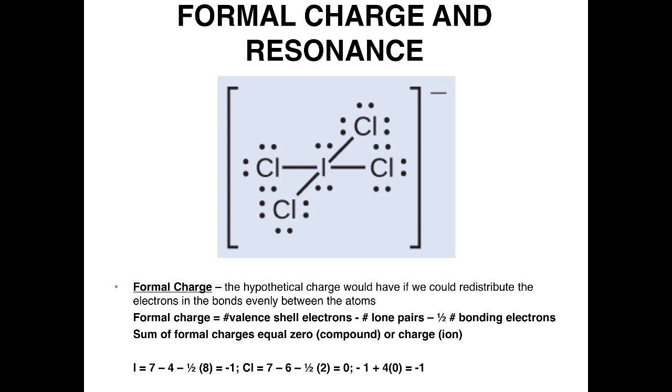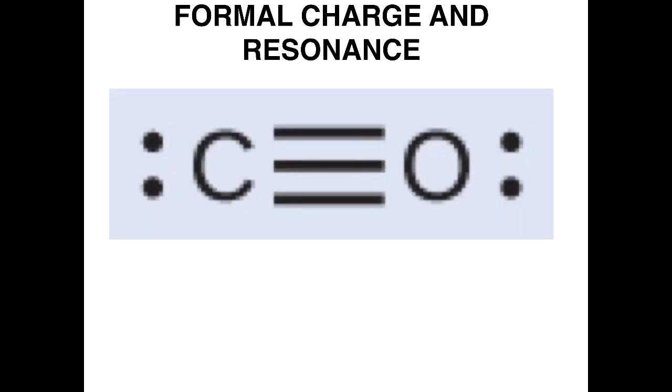Chlorine has 7 valence electrons, 6 lone electrons, and each chlorine has 1 pair bonded. So if you add all that up, you get 0. So the formal charge for this entire molecule is minus 1 plus 4 times 0, or minus 1, which is the charge of this polyatomic ion.